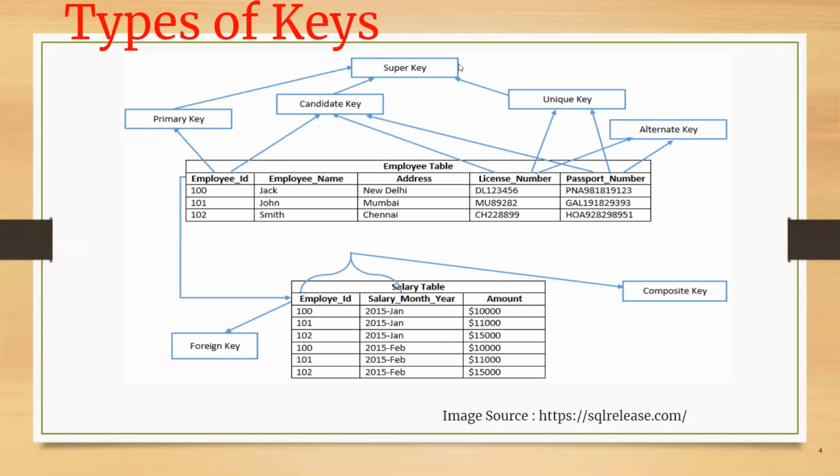Apart from that, there are no other columns which will uniquely identify the records. So always remember, whenever we talk about super key, it is a primary key column which uniquely identifies all the records, and all the columns are dependent on the primary key to uniquely identify the records.